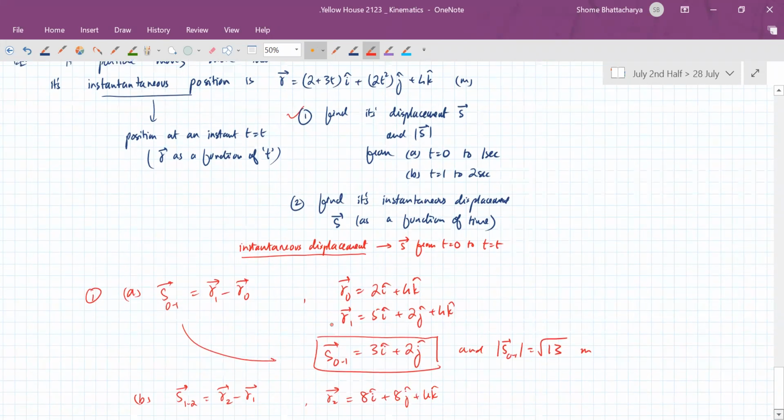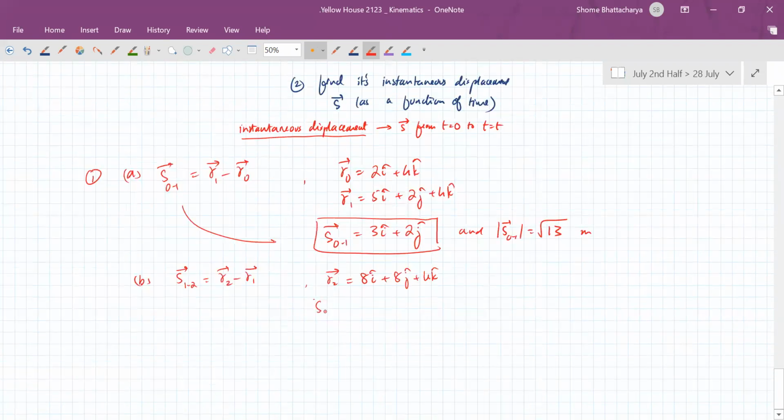So the displacement from 1 to 2 seconds will be this vector minus this vector. So 3 i cap, 8 minus 2, so that is 6 j cap.